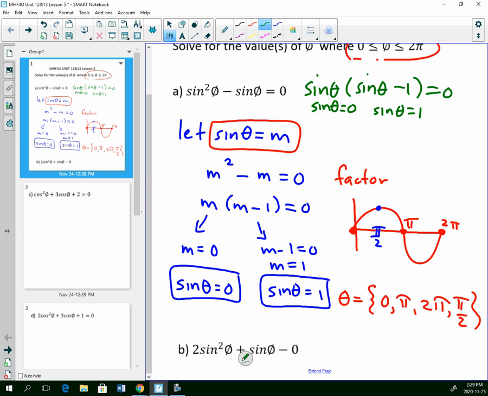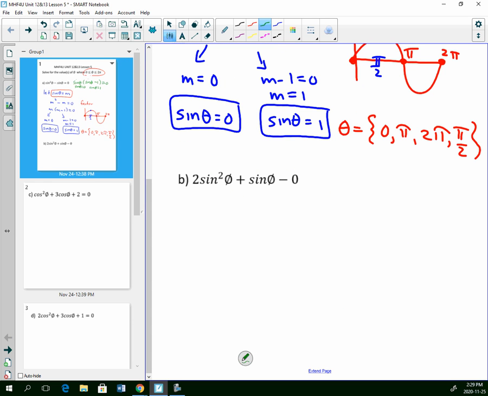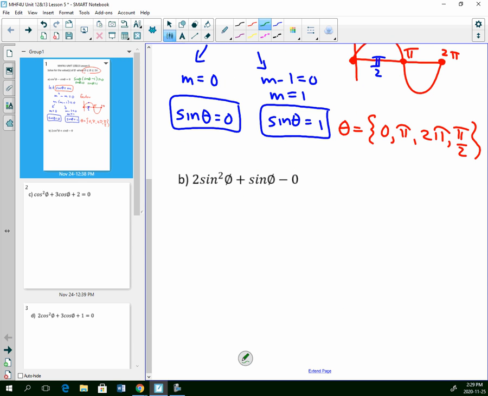Okay, so let's look at this second one. This is another common factor question. It's a quadratic. My first option is common factoring. We can replace with a letter if you want, so we'll use m again.